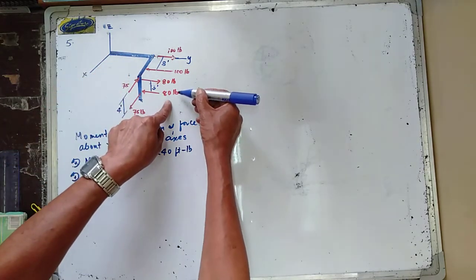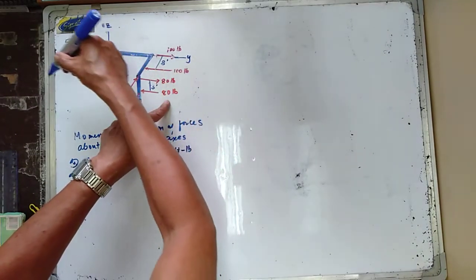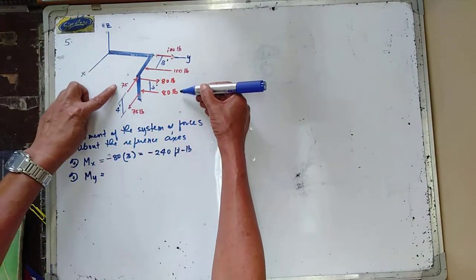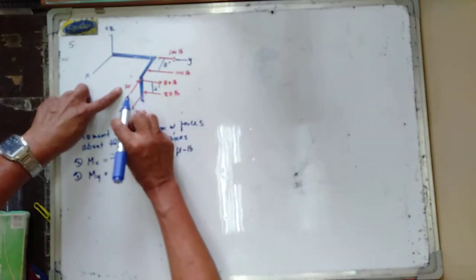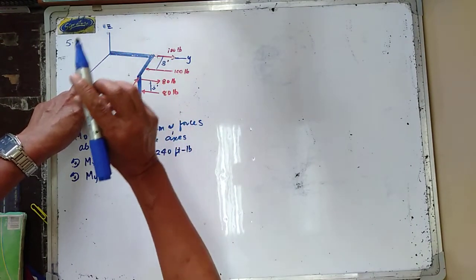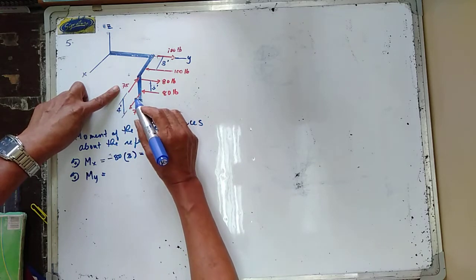The 75 pounds in here will intersect the y-axis, and therefore it has no moment.